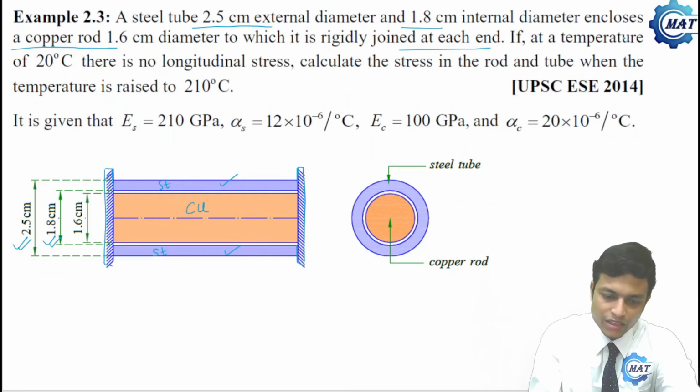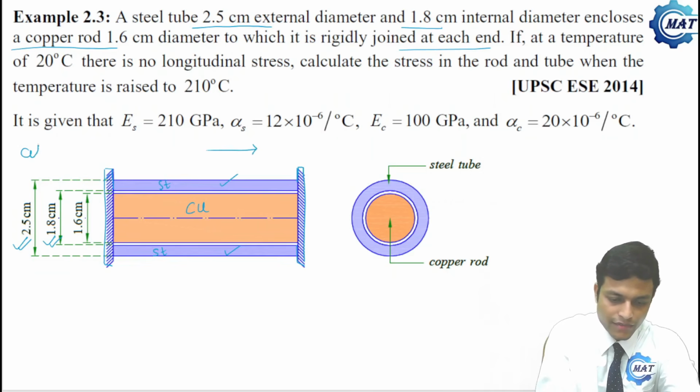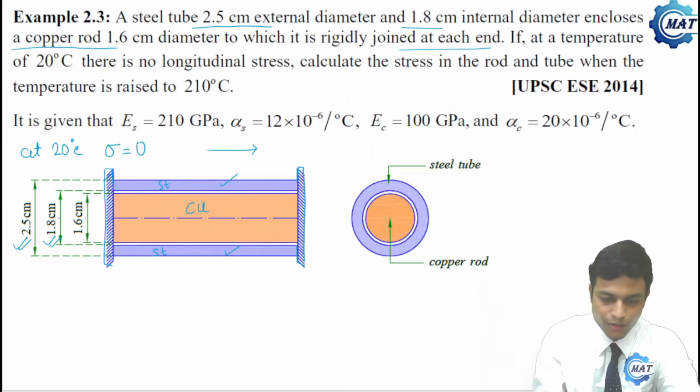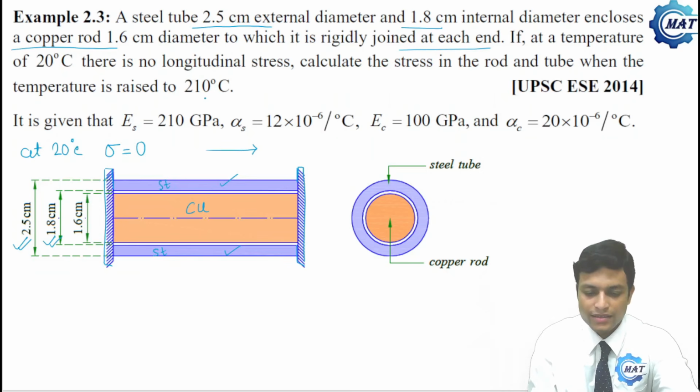If at a temperature of 20 degrees Celsius there is no longitudinal stress, this is the longitudinal direction, calculate the stress in the rod and the tube when the temperature is raised to 210 degrees Celsius.